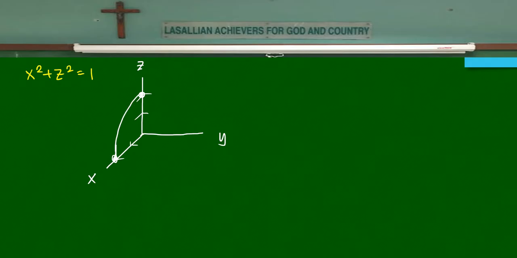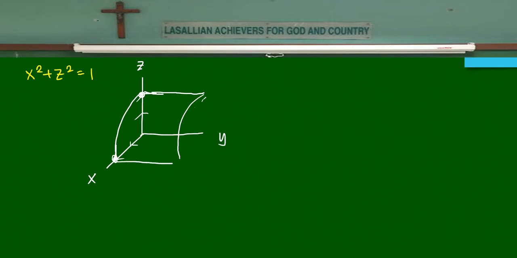Now, you'll notice that it does not intersect y at all because y is not contained in the equation. So this is not a quadratic surface. This is simply a cylinder. If, for example, I extend this one, what I would do is draw the same figure parallel to the xz plane, and the figure formed is still a quarter of a circle like that.